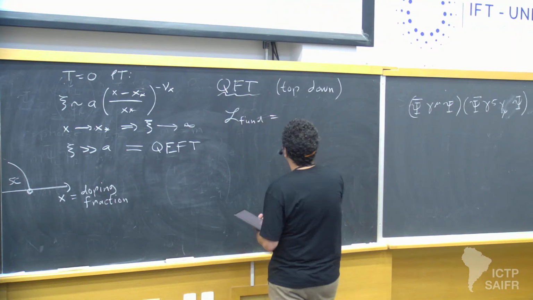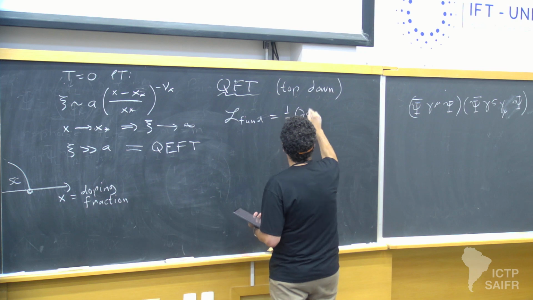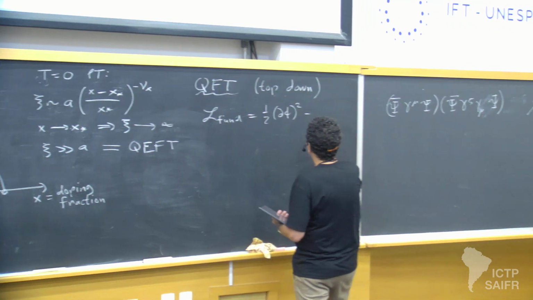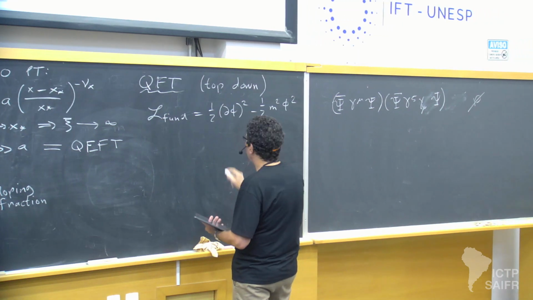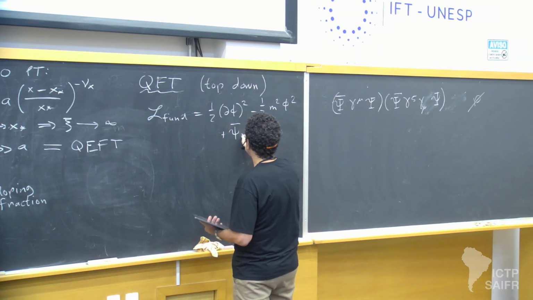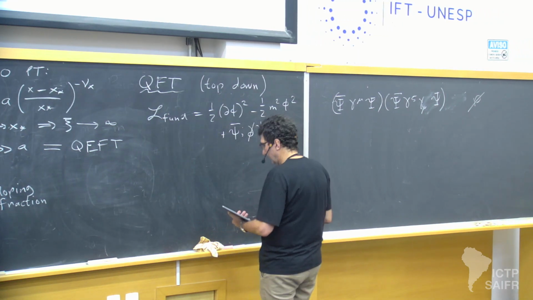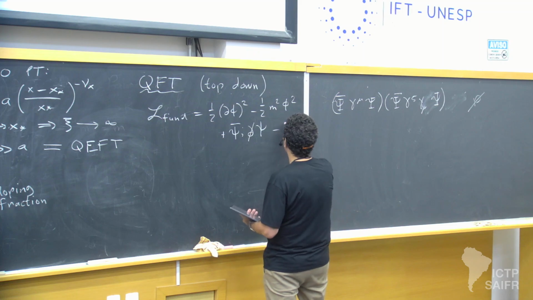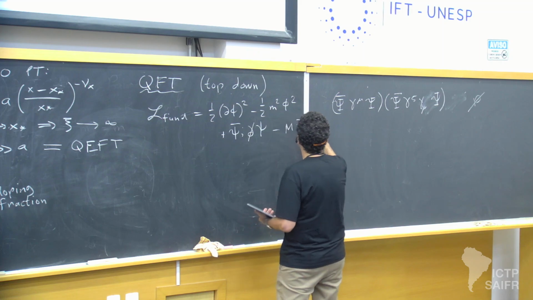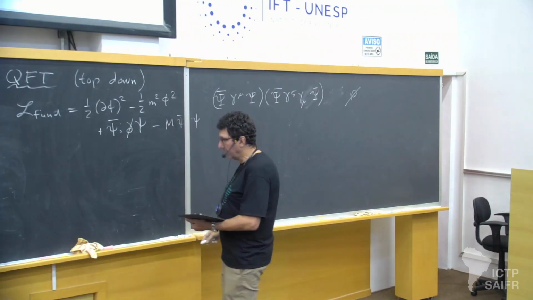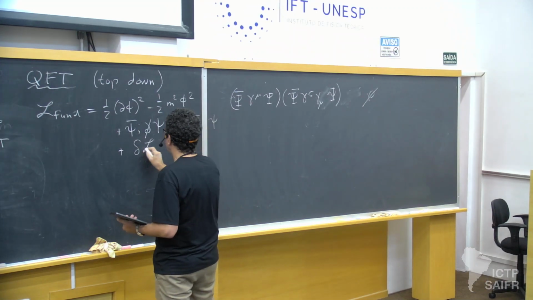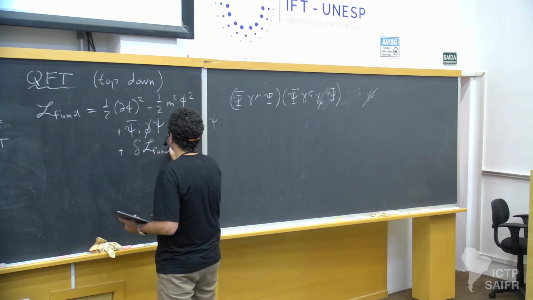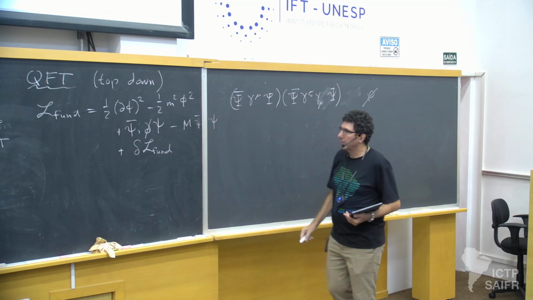It has a scalar, okay? And it has a fermion. That's it. That's all it has, okay? Let's say it's a Dirac fermion. But the Dirac fermion has a large mass, okay? And now, since I'm going to be interested at loop level, I'm also including some counter terms for this theory, okay?